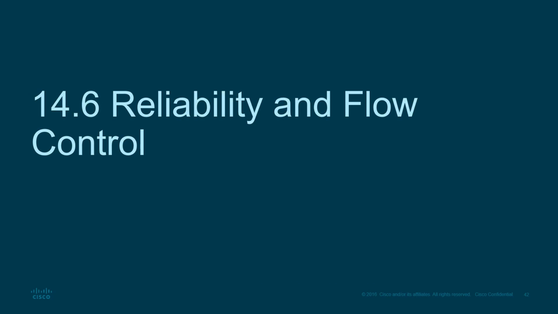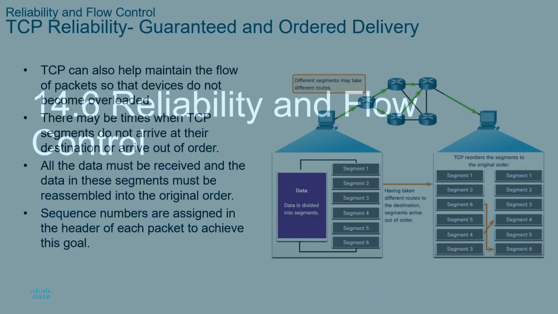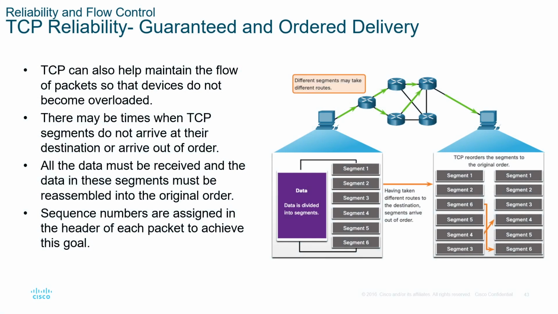So we're going to get into the reliability, guaranteed order delivery. So you can see that they may not arrive in order, but we can put them back in order if we're using TCP because of that sequence section. We maintain flow of packets so we don't get overloaded. There's something called windowing, and we can make sure that we don't get overloaded.